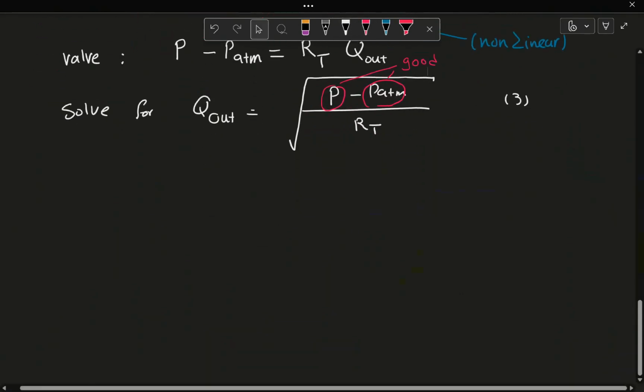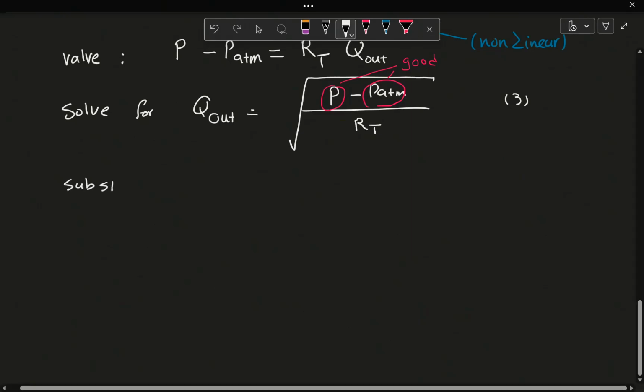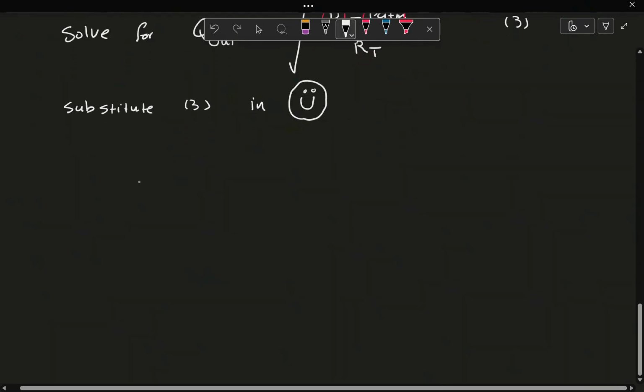So dynamically, if you go ahead and substitute equation 3 in equation smiley, substituting it into equation smiley gives you the model for a turbulent flow. You end up with C P dot equals Q_in minus the square root of P minus P atmosphere over R turbulent.